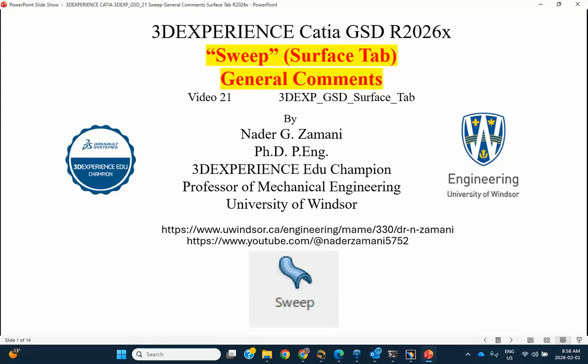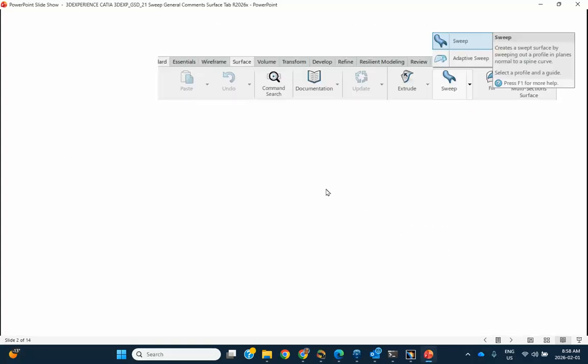When you select the surface tab, this ribbon appears at the bottom of the screen, and you have access to sweep by clicking on this sweep icon.